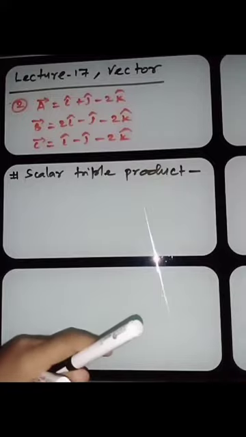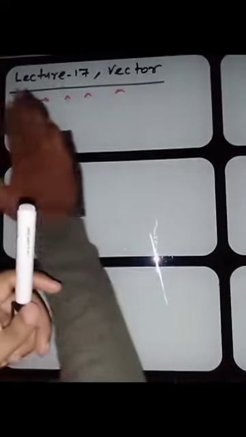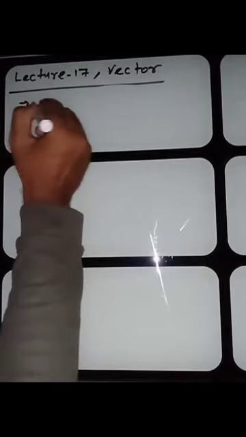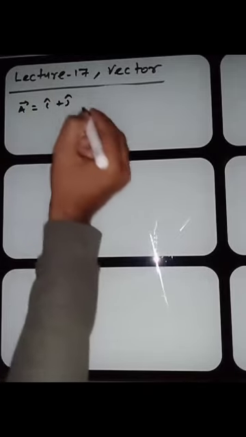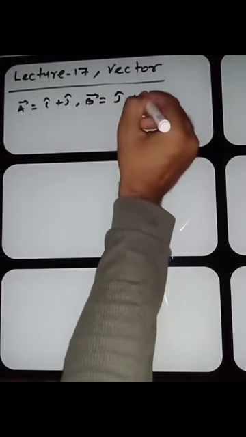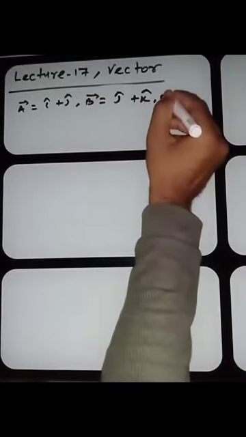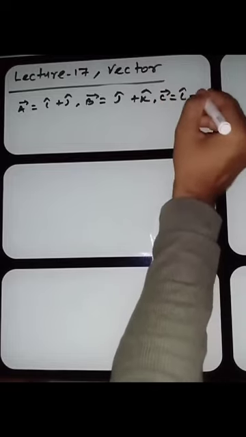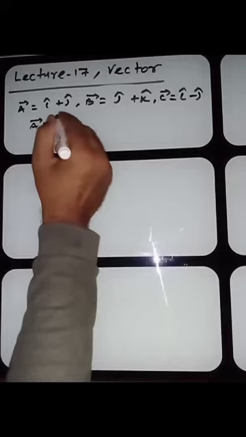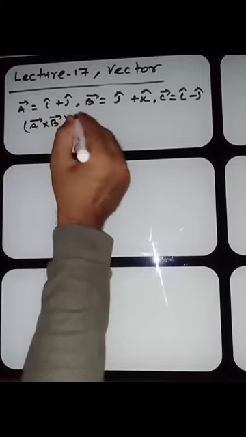Now let me change the vectors. Vector A is i plus j. Vector B is j plus k. Vector C is i minus j. We have to find A cross B dot C.